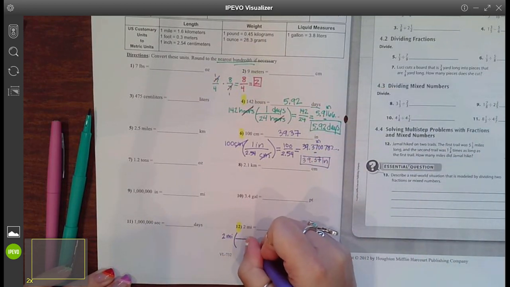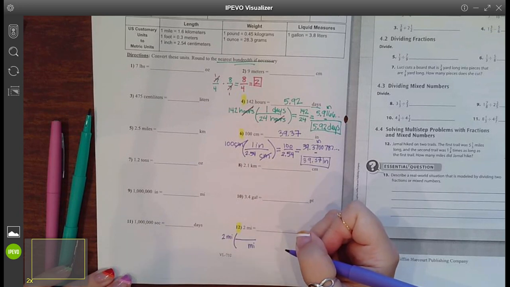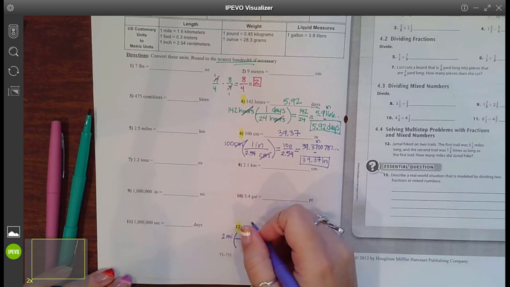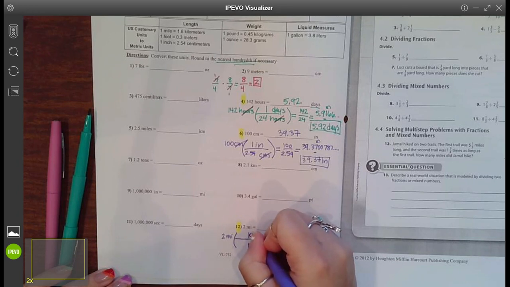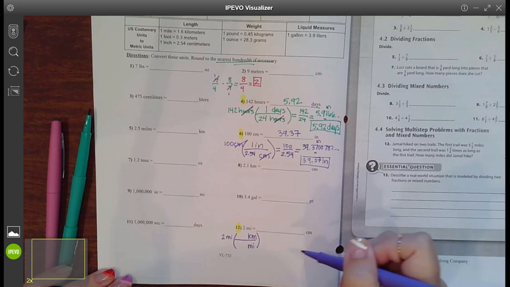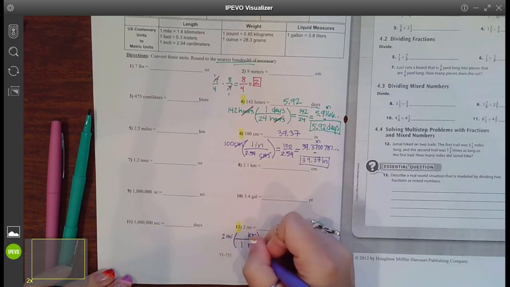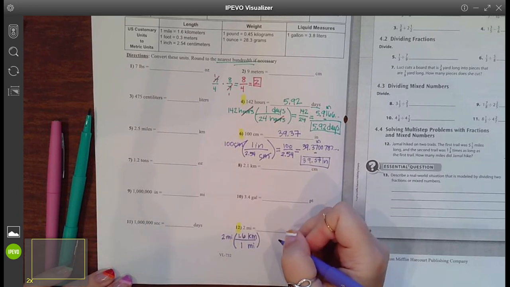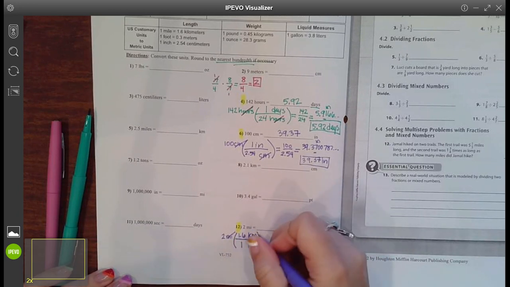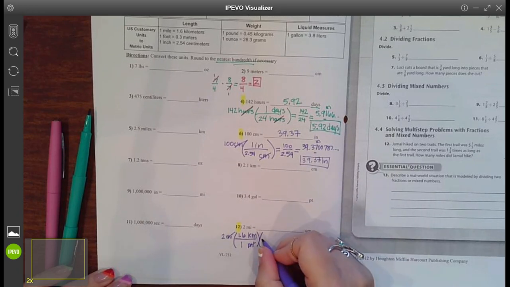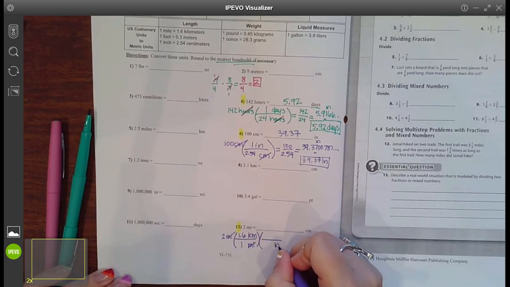I want to put miles diagonally across from each other. Okay, and I can go from miles to kilometers, we said, which will be helpful because I can eventually go from kilometers to centimeters. Well, 1 mile is equivalent to 1.6 kilometers. Okay, miles are now gone, and I'm left with the unit of kilometers, which is not what I want my ending unit to be. So I'm going to need to keep going.